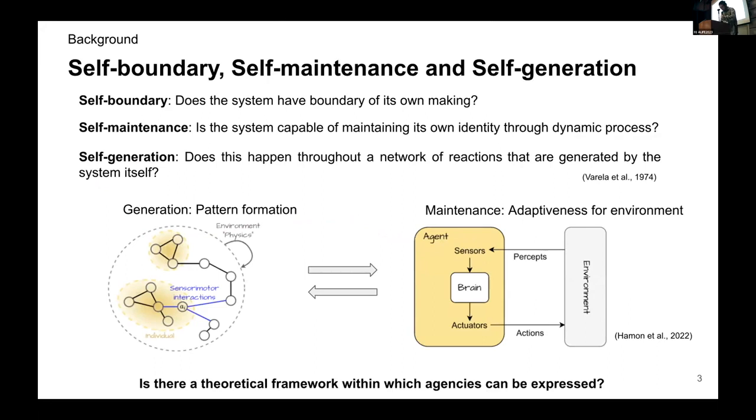So, is there a theoretical framework with which agency can be expressed?